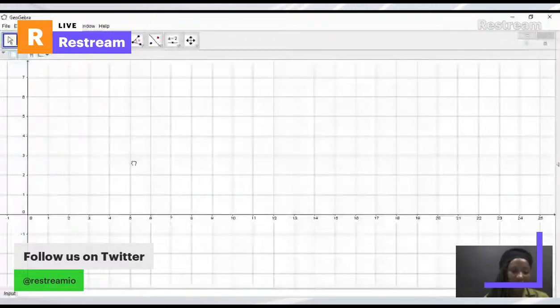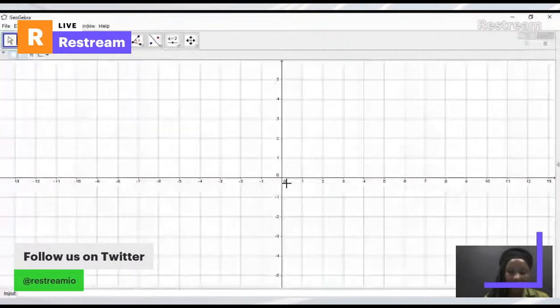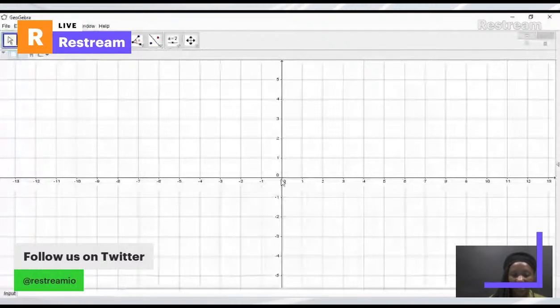Now you can look at the Cartesian plane here. So here we have the x-axis all the way across, this horizontal line, and at 0, 0 is the origin, that's dead center, bullseye.